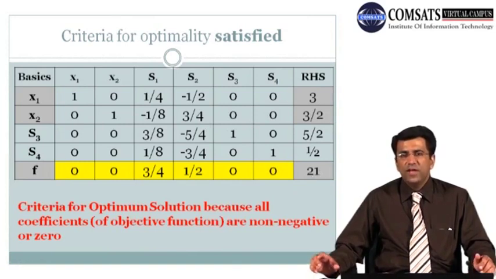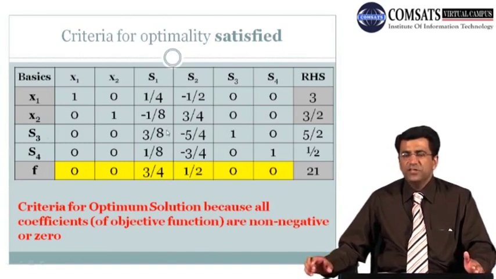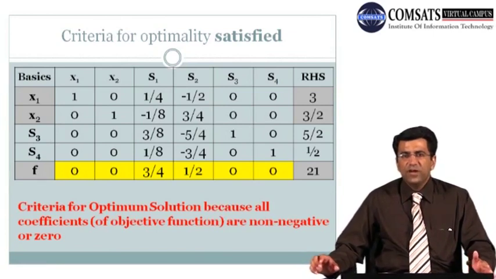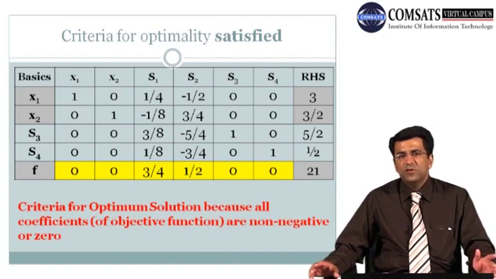So by putting the values of our decision variables in our objective function, we should match this value from the relevant objective function row in this table. If both of these values match each other, it means that we have done it in the right direction. If these values do not match, it means we have miscalculated somewhere.